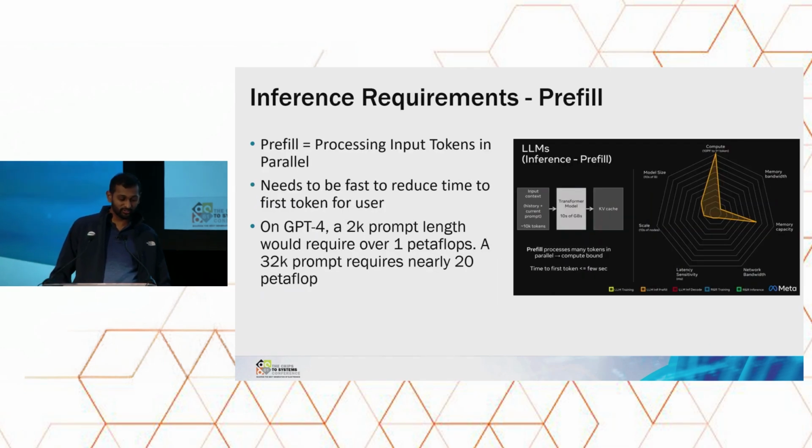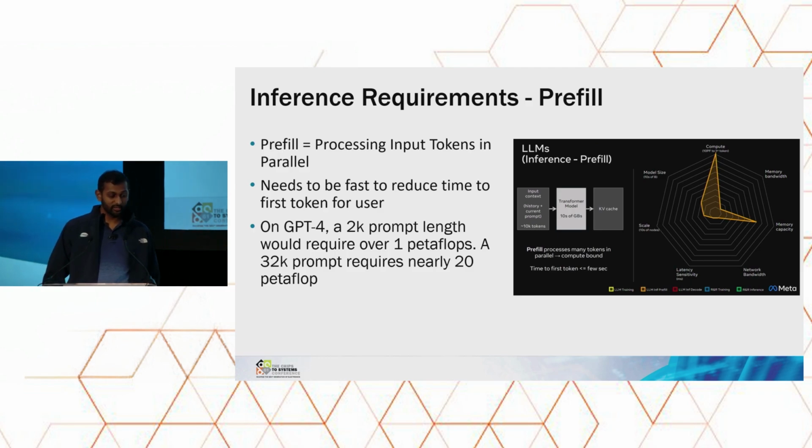So what are the general requirements here? There are two general parts of the model: prefill and decode. Prefill is when you are processing the prompt, and that is a very compute-intensive portion of running a model and serving it.